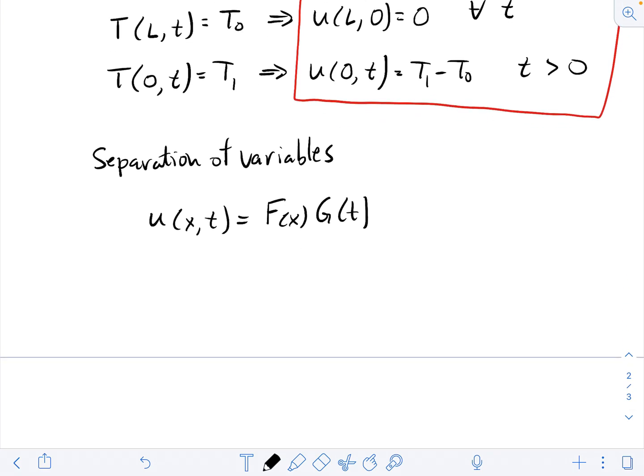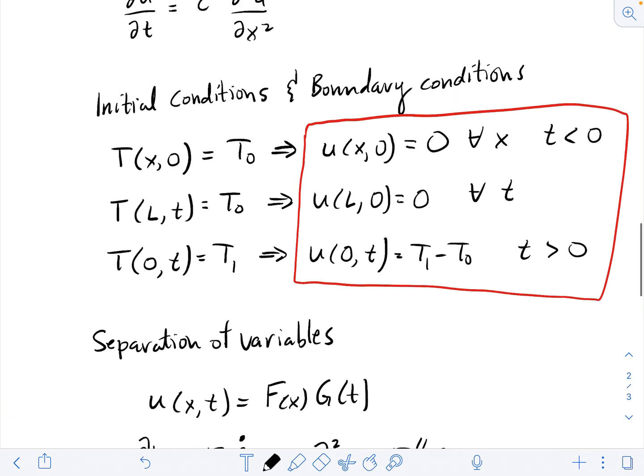Okay. Then du dt, f has no time dependence, so we're just going to get f times the time derivative of g, which is g dot. And d2u dx2, g has no position dependence, and so we just get two derivatives of f, which we'll indicate as f double prime, and then we multiply by g.